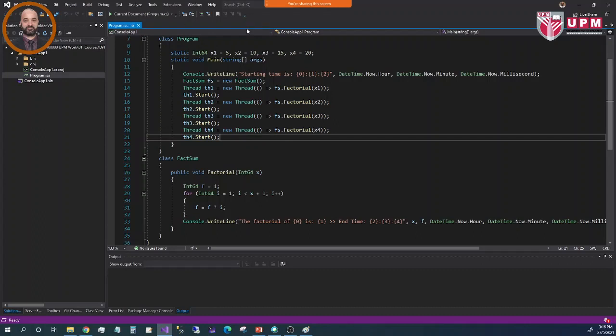Okay, I'll give you a real example. Let's say you have four sandwiches, guys, and you have four friends, and you are going to give each friend one sandwich, and you ask the friend to eat it until it finishes. If you give the first sandwich to the first friend, then you wait until that friend eats the sandwich and finishes it before giving the second sandwich to the other friend.